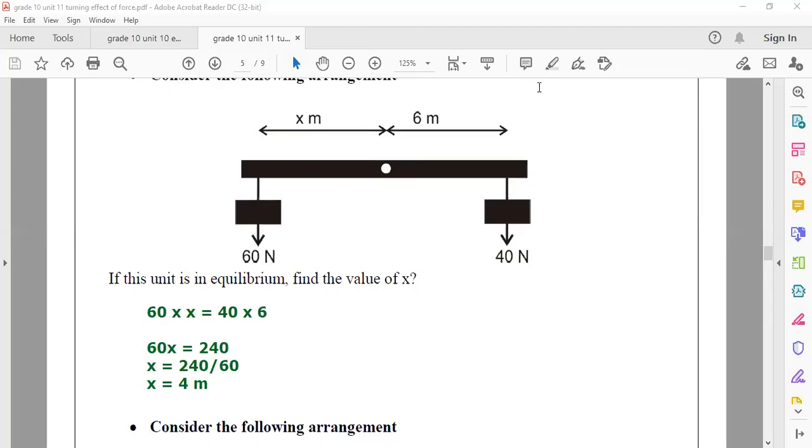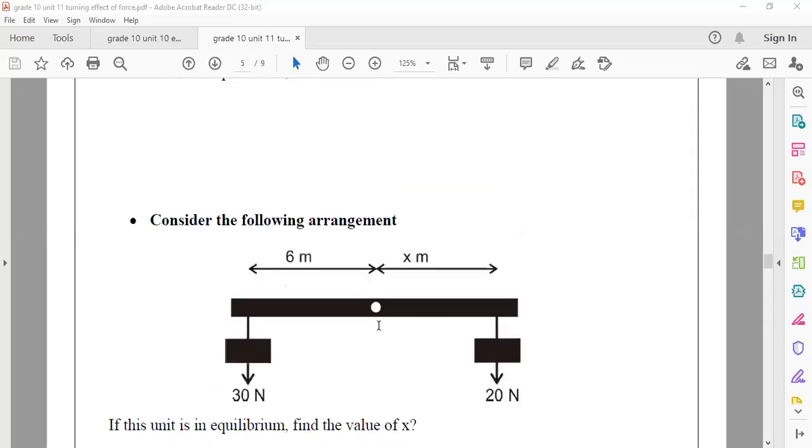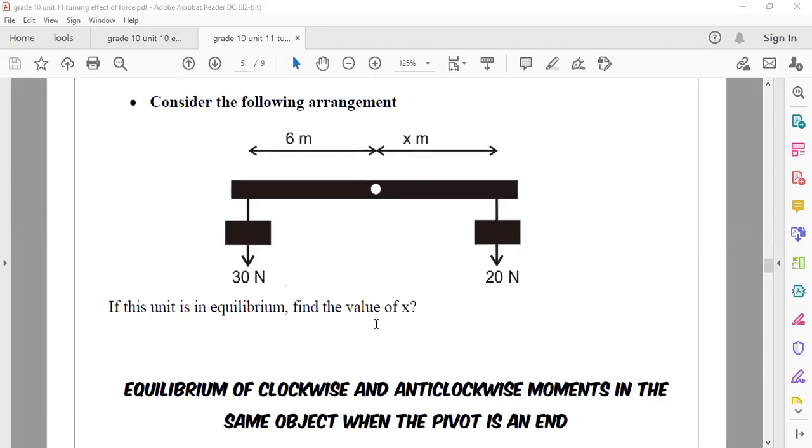Have everyone understood it? Yes, sir. Good. Can you work out this particular question and send me the x value in the chat? Okay, sir.